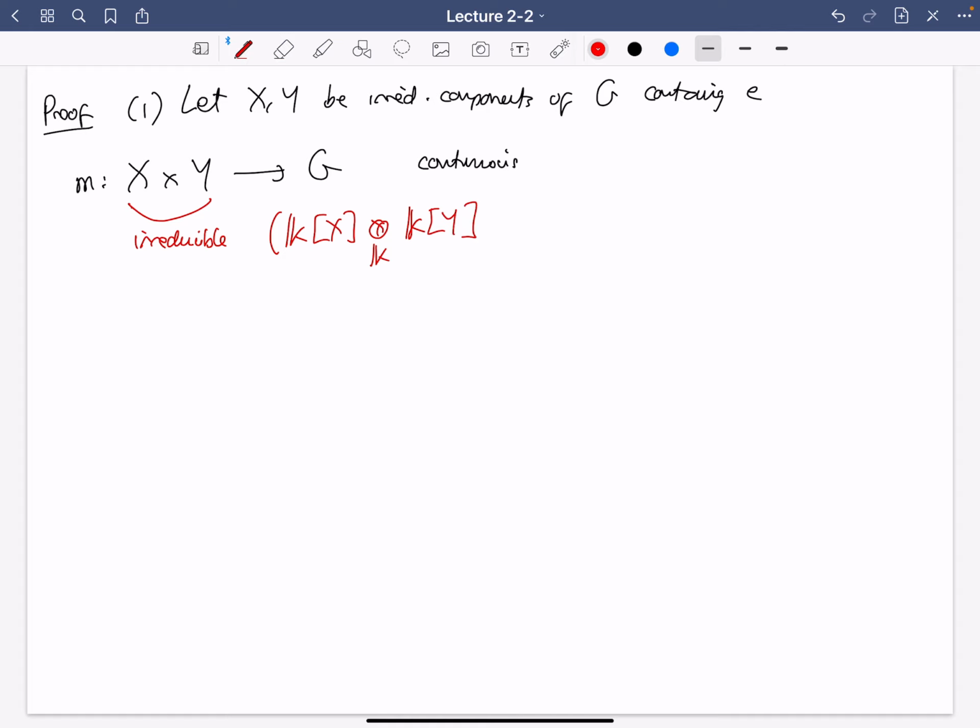So this amounts to showing that if K of X and K of Y are integral domains, that tensor product is an integral domain. I'm not going to go through the detail of the proof, but I just want to point out that the fact that the field is algebraically closed is crucial here. It's quite easy to come up with examples of tensor products of integral domains over fields that are not algebraically closed, like C tensored over R with C. That's actually not an integral domain.